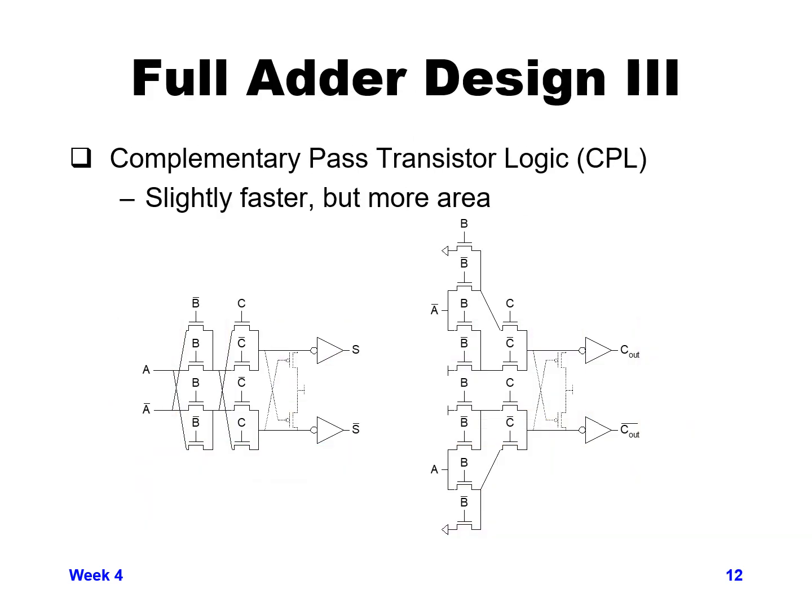So here's a third type of full adder design. This is called complementary pass transistor logic, CPL. In comparison to the previous two that we were looking at, it can be slightly faster, but it has the trade-off of slightly more area than the previous design, the full adder 2 design.